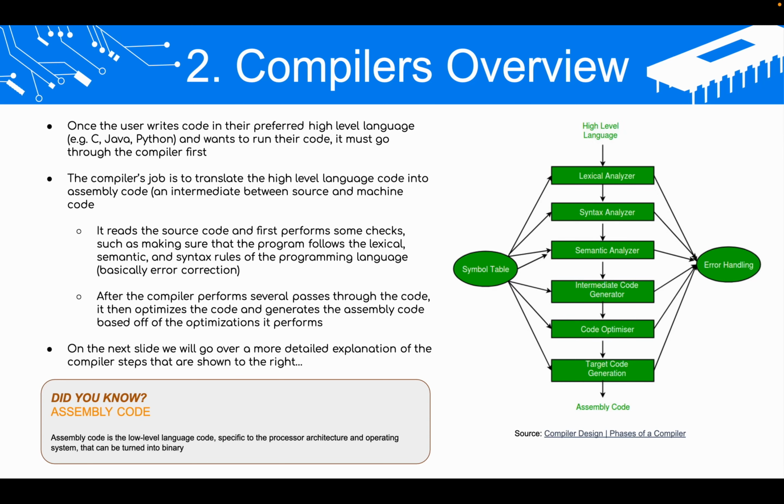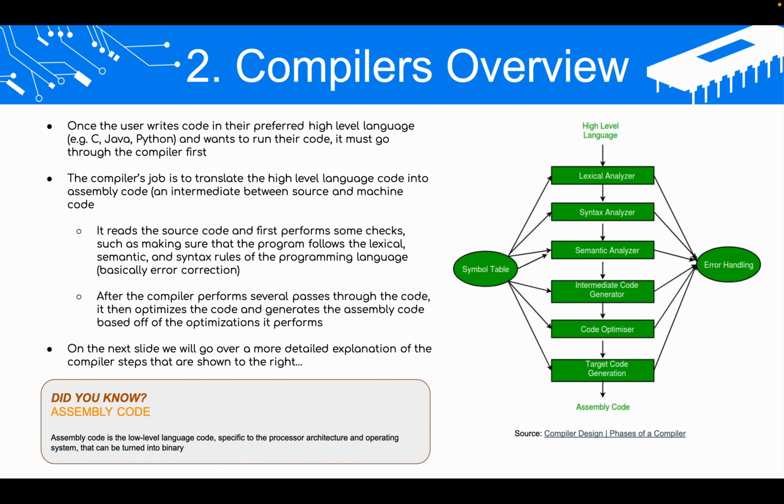So, as an overview for compilers, once the user writes code in the preferred language and wants to run the code, it must go through the compiler first. The compiler's job is to translate the high-level language code into assembly code, and it does this by first reading the source code and performing some checks, such as making sure that the program follows the lexical, semantic, and syntax rules of the programming language.